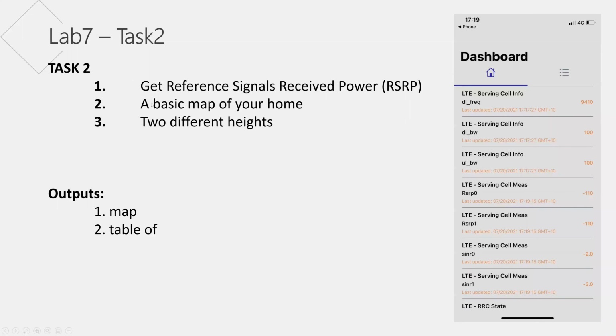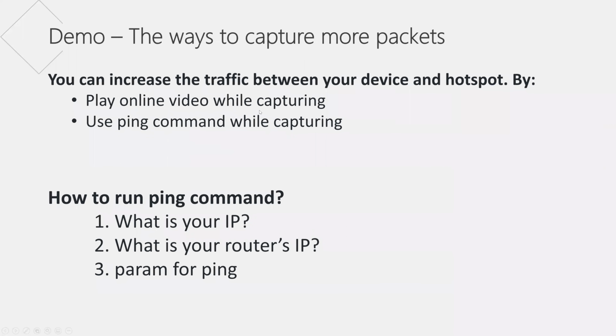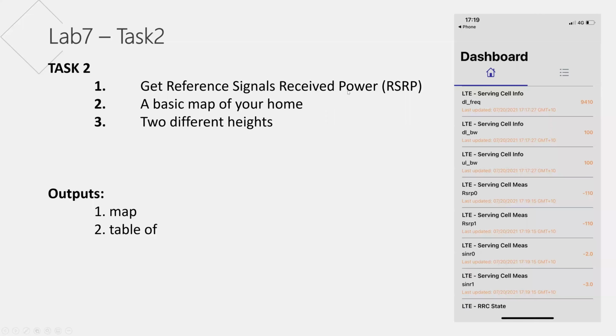All you need to do is draw a basic map of your home and then collect the RSRP value in 3 different spots with 2 different heights. Which means you need to have 6 different values, maybe the same value, but in 6 positions.